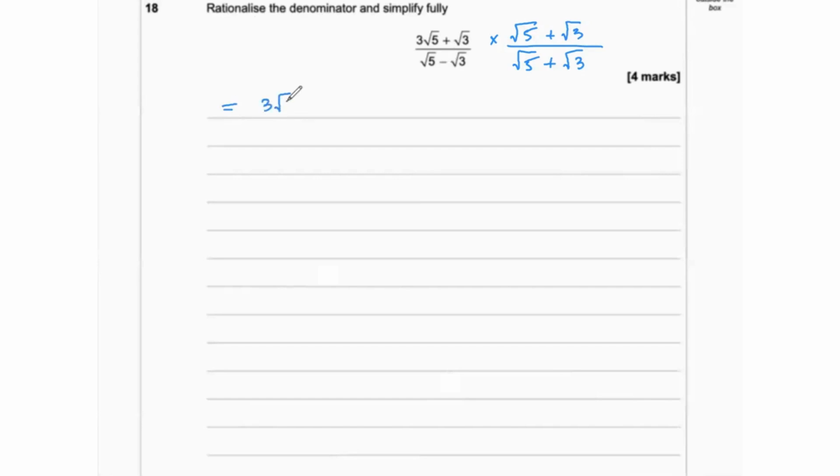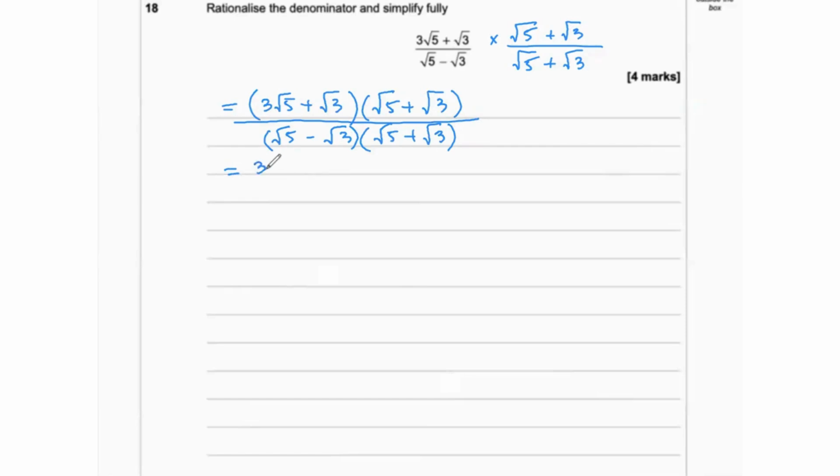It's 3 root 5 plus root 3 gets multiplied with root 5 plus root 3, over root 5 minus root 3 times root 5 plus root 3. Expand the bracket in the numerator. So that's 3 root 5 times root 5 plus root 3, and then plus root 3 times root 5 plus root 3.